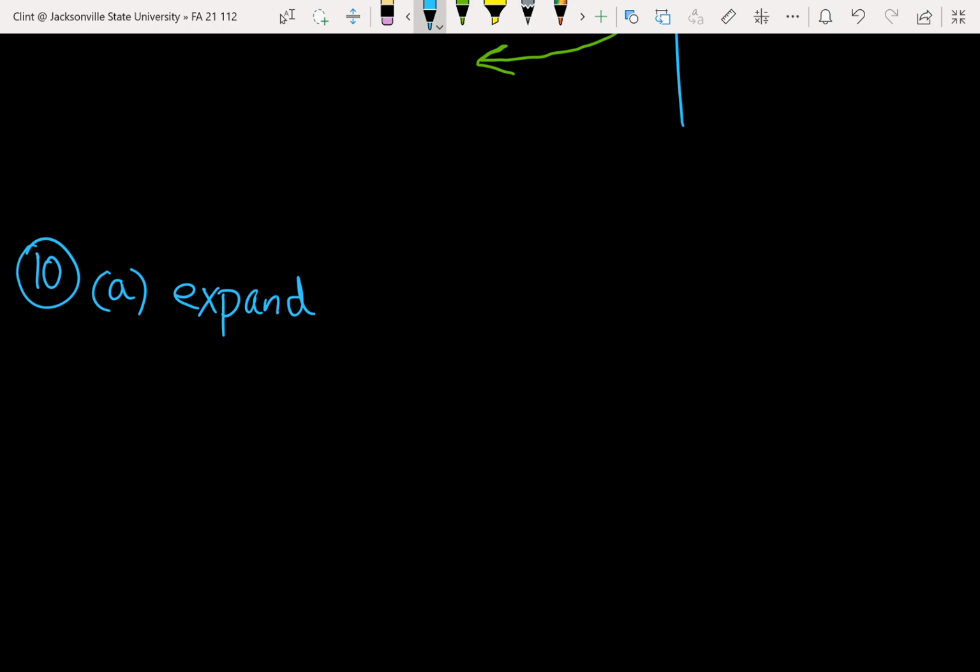Part A tells us to expand this expression: log of x to the fourth y over z. You can take more than one step to do these, it's fine.